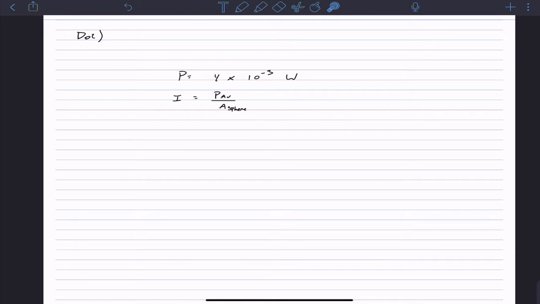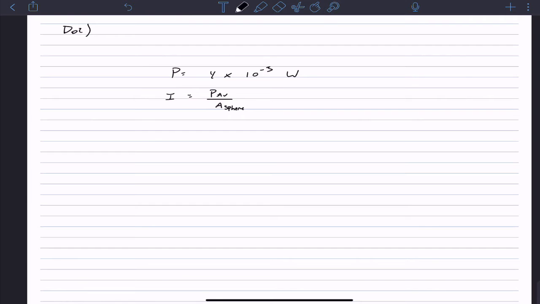Well, we have this relationship where intensity is the power output over the area. In this case, we're talking about a sphere because the sound is radiating uniformly in all directions. It's coming out this way, down this way. If we look at it straight on, this is 100 meters.